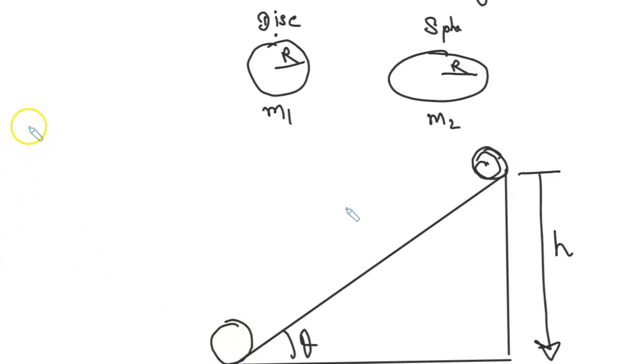It is half I omega square plus half m1 v square. There are two velocities: one is angular and one is regular, the linear one.